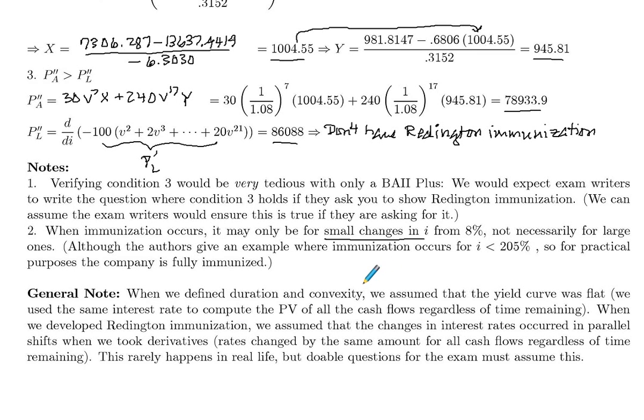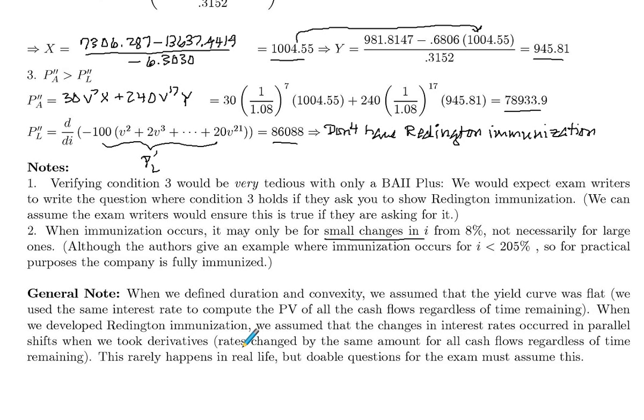And also when we developed Redington immunization, we assumed that the changes in the interest rates occurred in parallel shifts when we took our derivatives. In other words, the rates changed by the same amount for all of the cash flows, no matter what the time remaining to the cash flow was.